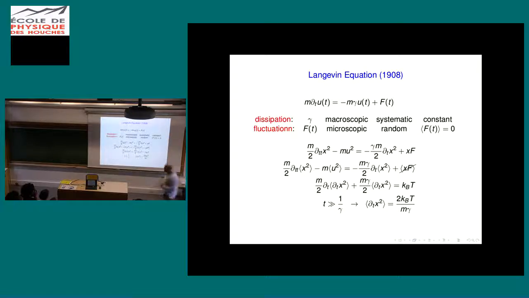And so the problem with this equation was that at that time nobody really knew what F is. So this random noise, which is delta correlated in time, so which has no correlation from one instant of time to the next, there was no mathematical theory about it. It took another 30 years for this theory to develop.